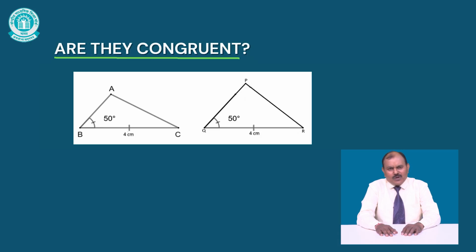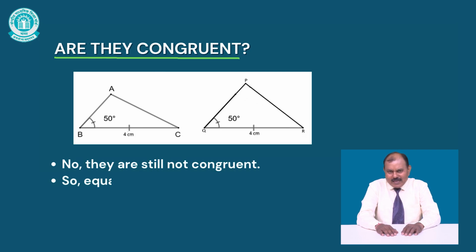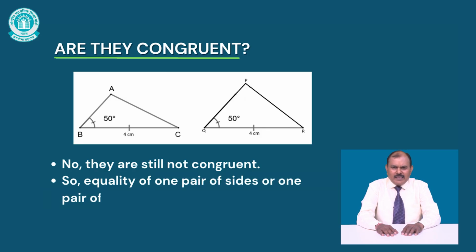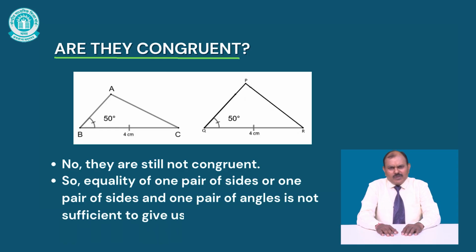Are they congruent? We see that they are still not congruent. So, equality of one pair of sides, or one pair of sides and one pair of angles, is not sufficient to give us congruent triangles.